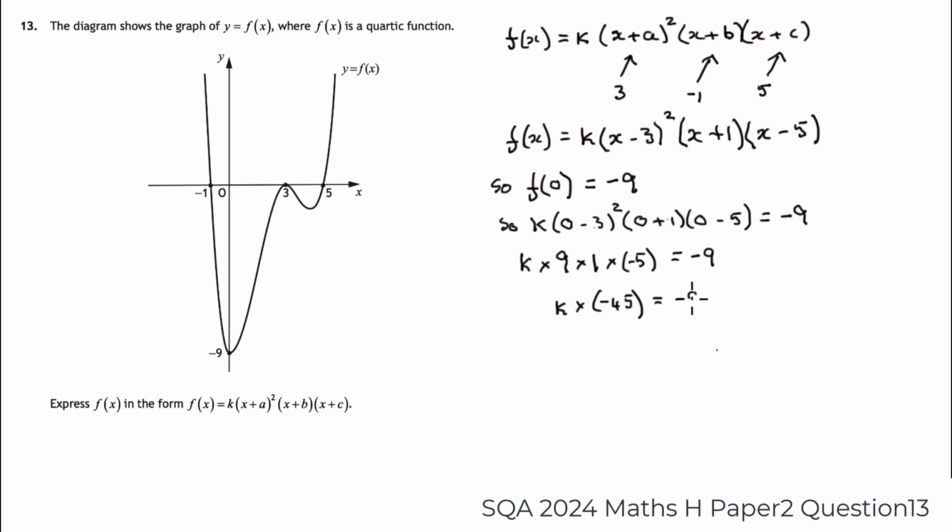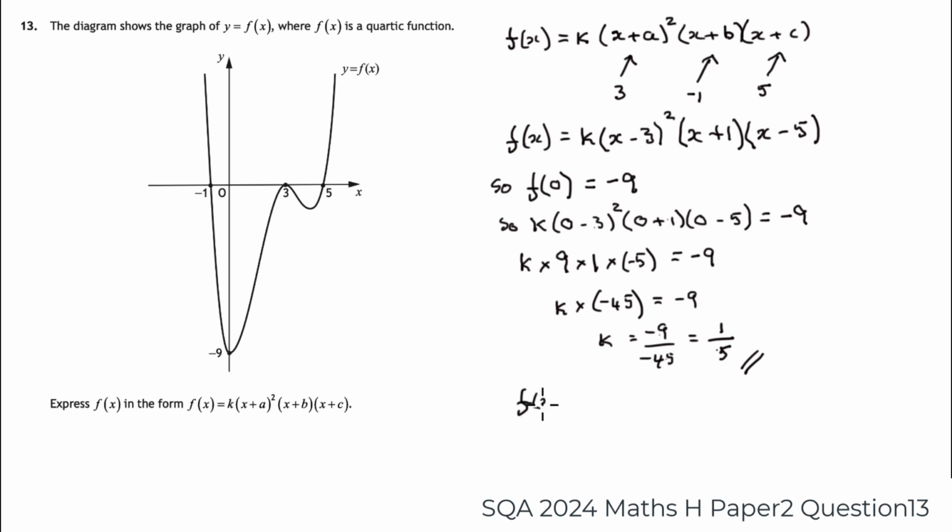And let's divide both sides now by -45. So that will be positive, and there's a factor of 9 in 45. We cancel the factor of 9, and we get +1/5 for the value of k. Now we're asked to express that in this form, so we must do that.